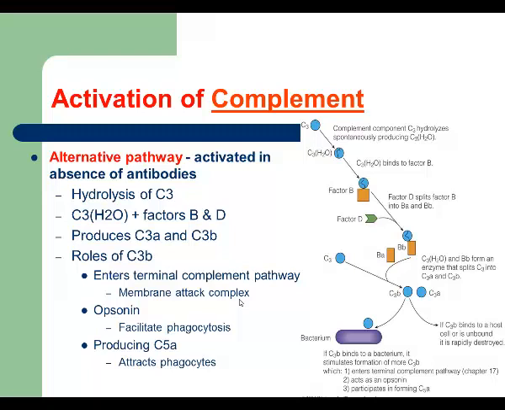They recognize surface receptors, surface molecules on the pathogens, sit on top of those surface molecules, and then start making holes within the cell membranes of those pathogens, and this way they destroy them. So once again, C3b is a part of membrane attack complexes. And finally, C3b participates in producing the C5a complement component. And the role of C5a is to attract phagocytes to the site of infection.